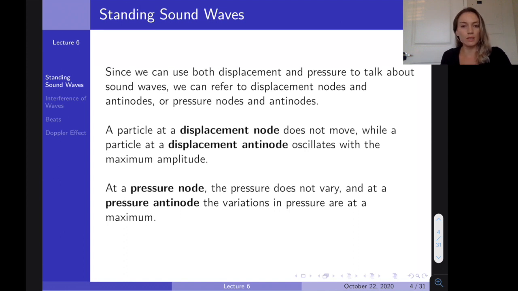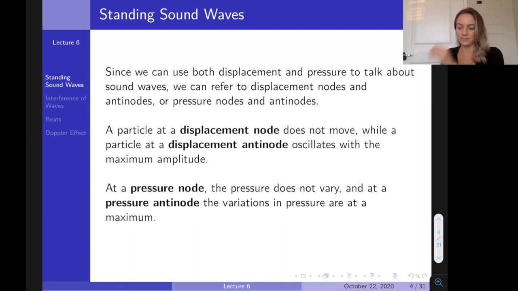A displacement node is just a place along the wave where your actual particle is not moving. So that air particle just stays right there and it doesn't move to the left or right. Then a displacement antinode is one that will undergo the maximum displacement.